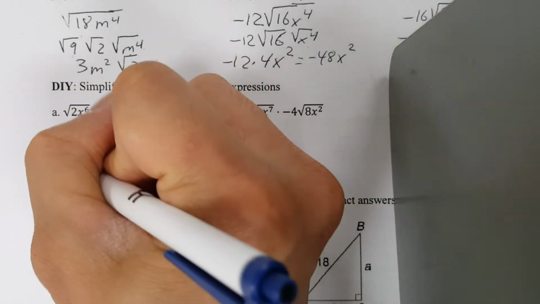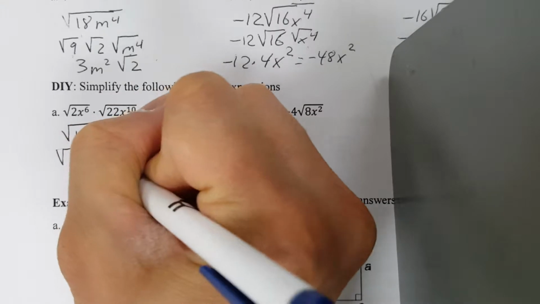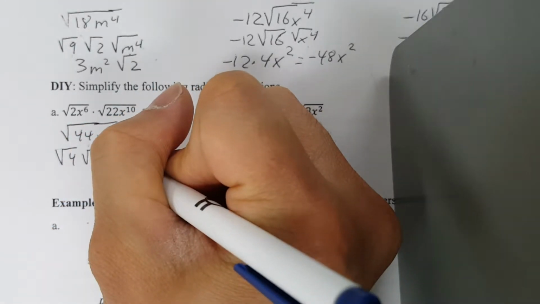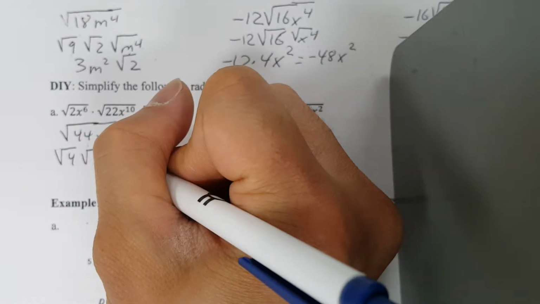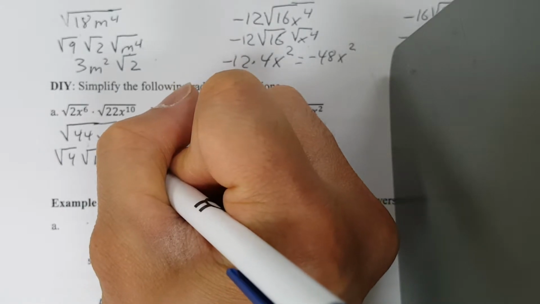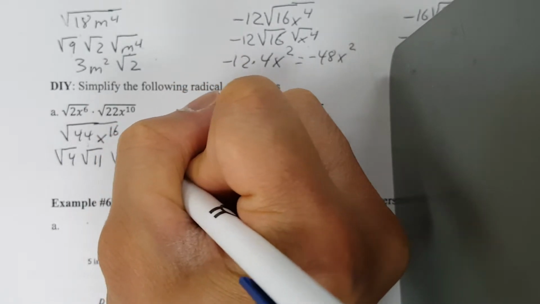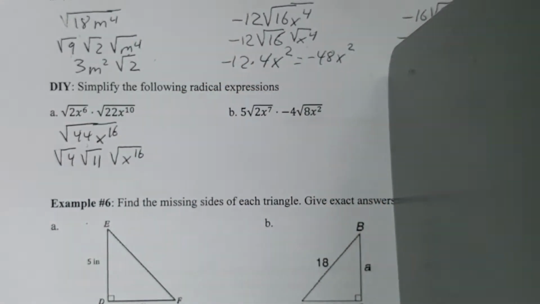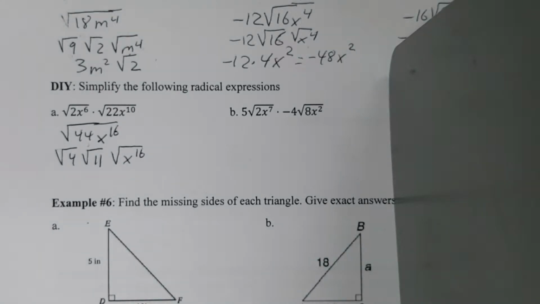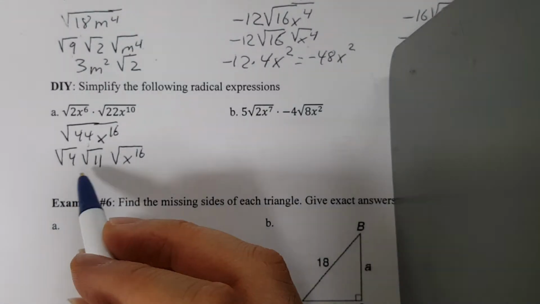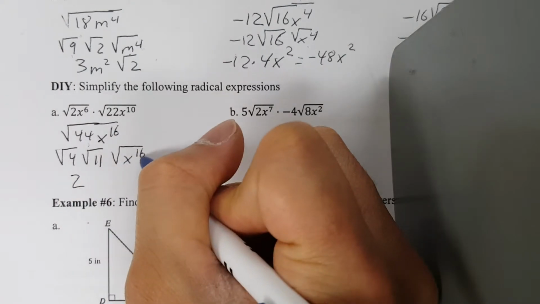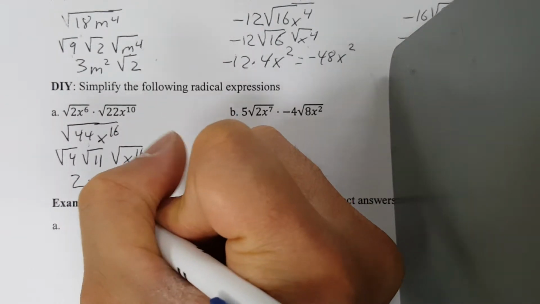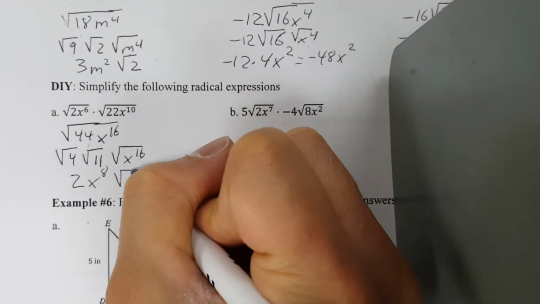So this becomes radical 4, radical 11. And what I'm left with is x to the 16th. Okay? So radical 4 is 2. Radical x to the 16th is x to the 8th. And I'm left with radical 11.